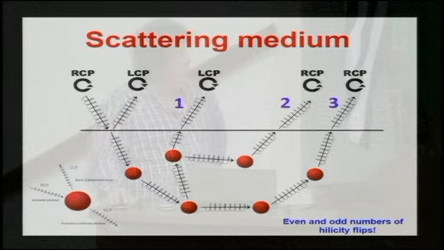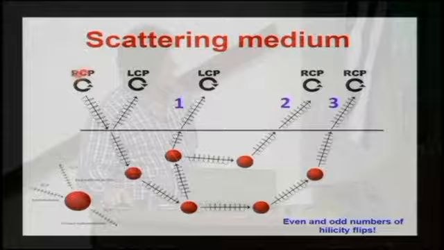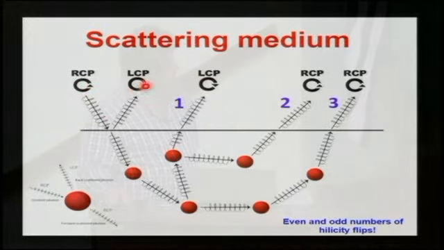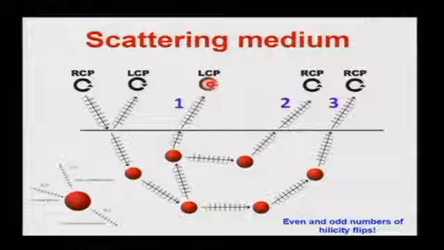Thus, in a scattering medium with a number of scattering events, if we send right circular polarized light and it reflects, it changes helicity. If it propagates through the medium, it will preserve it. Scattered forward, preserve helicity. Scattered back, change helicity. Scattered forward, preserve helicity.